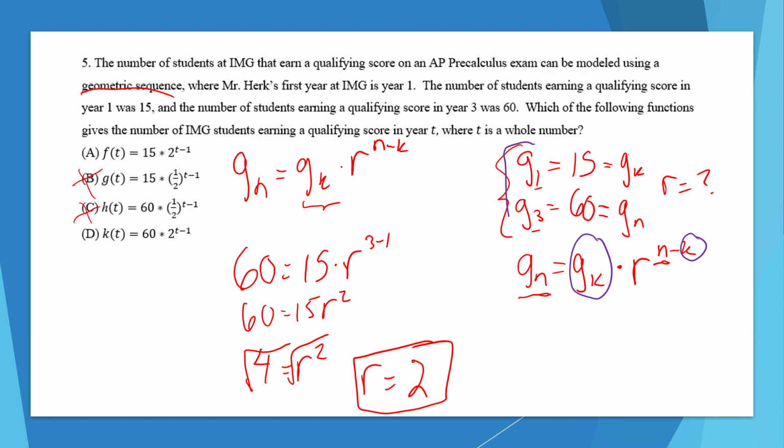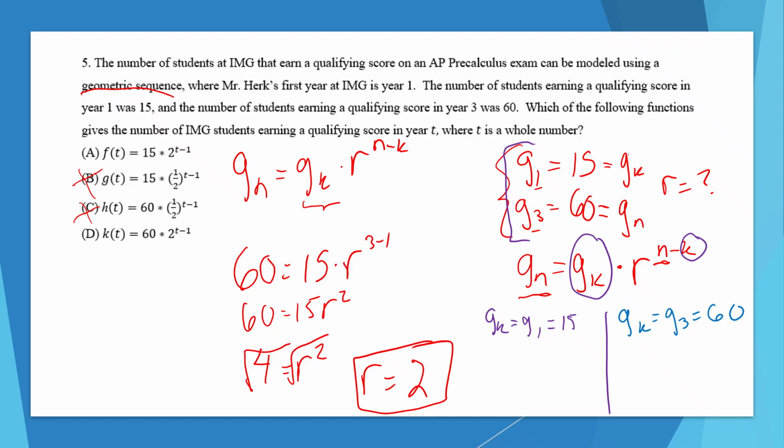But which of the two points we're given do we use? You could use either. So let's set up both equations, one with g of k being g of 1, which is 15, and another, in blue, with g of k equals g of 3, which is 60, and see which one matches our options.